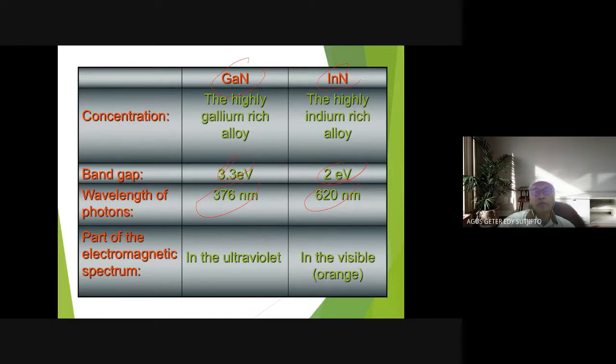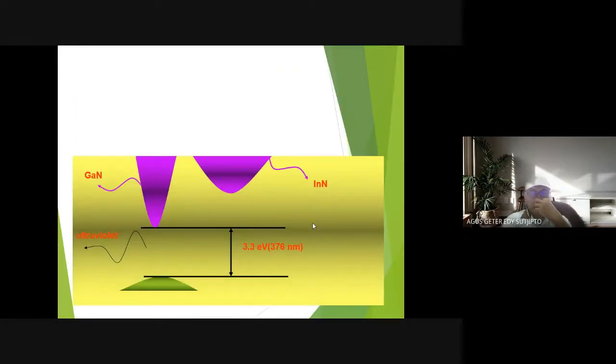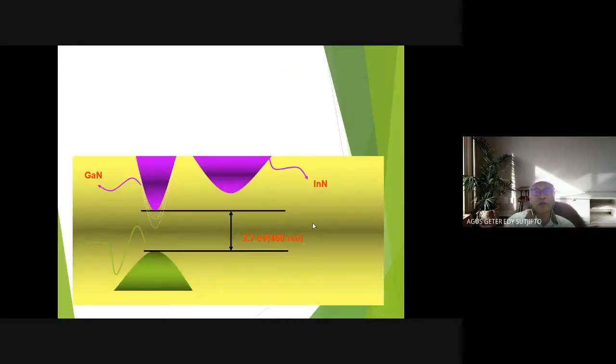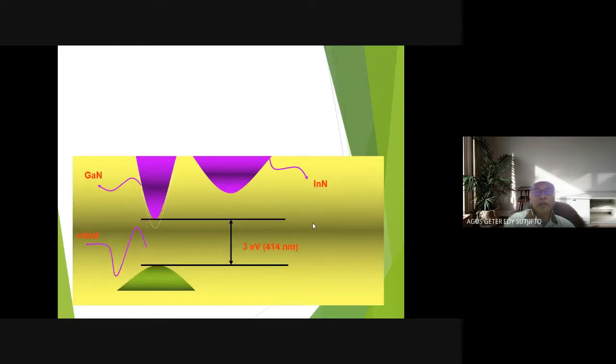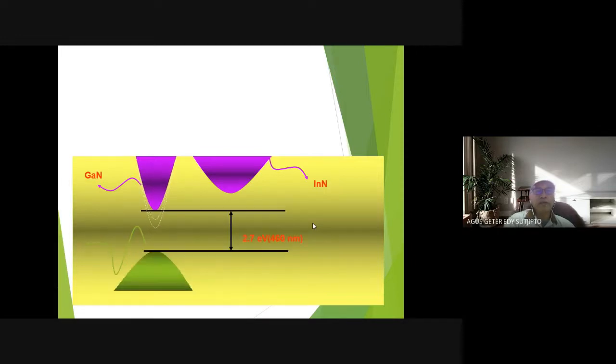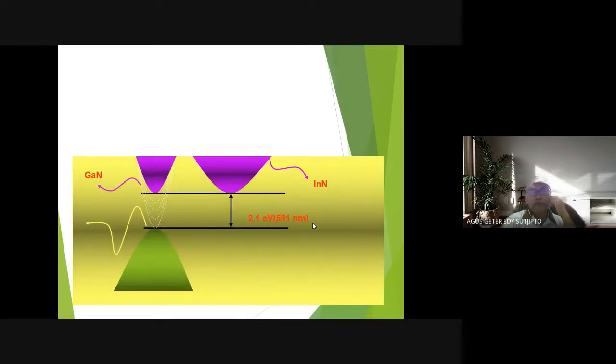So there can be ultraviolet and then orange, visible light. This illustrates how the different band gap changes the wavelength emitted.